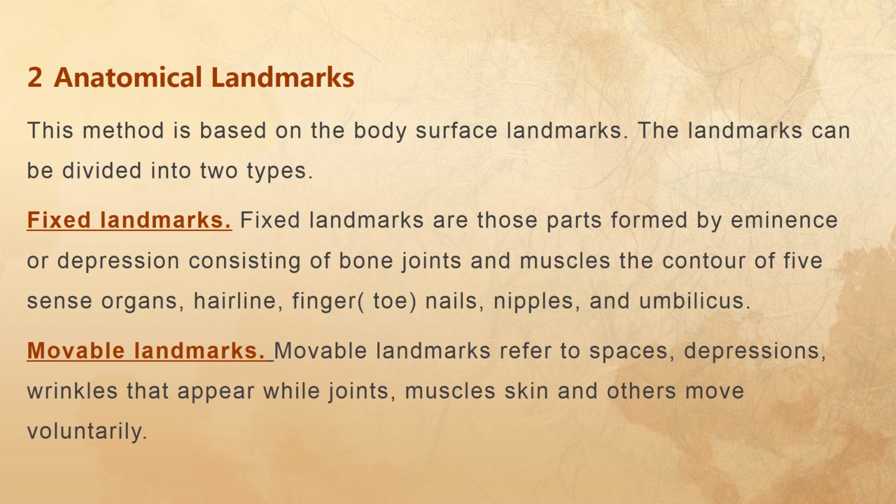Fixed landmarks are those parts formed by eminence or depression consisting of bone, joints, and muscles, the contour of 5 sense organs, hairline, fingernails, nipple, and umbilicus. Movable landmarks refer to spaces, depressions, and wrinkles that appear while joints, muscles, skin, and others move voluntarily.